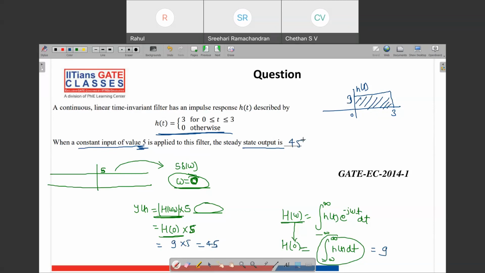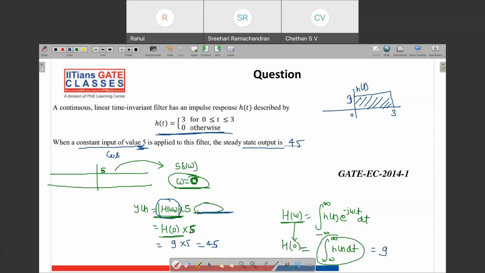So here we didn't apply any kind of phase lag because omega is equal to 0, and we just need to find the amplitude at omega equal to 0. Now, if instead of this DC you are given, let's say, some cosine, then you need to find out both the phase and the magnitude.